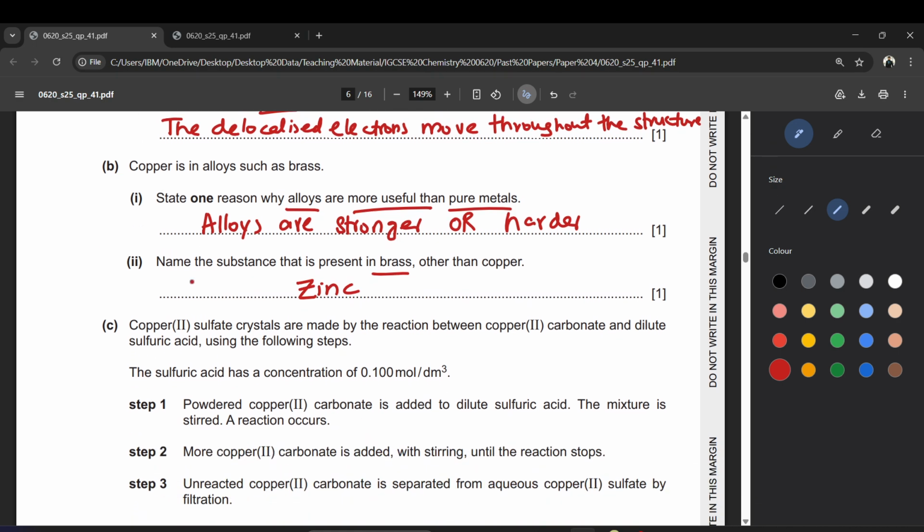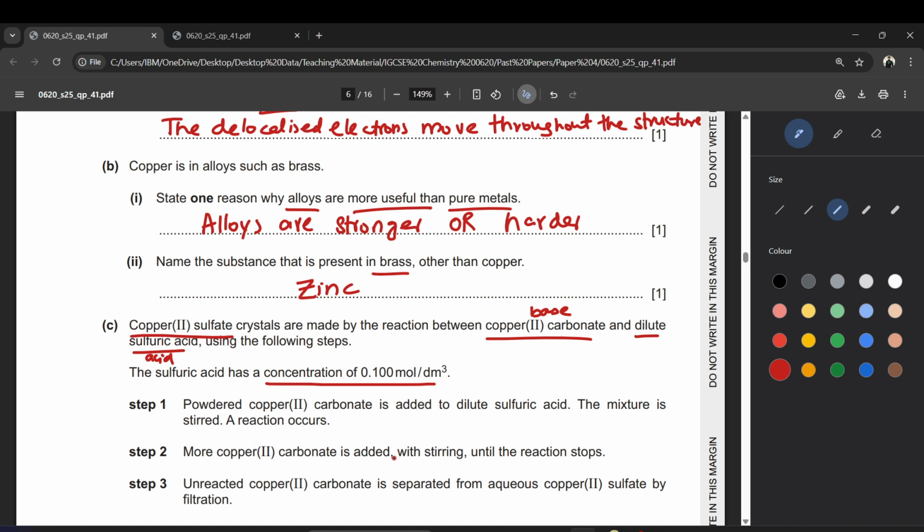Part C. Copper 2 sulfate crystals are made by the reaction between copper 2 carbonate and dilute sulfuric acid. So we have copper 2 sulfate as the product, and this is your base and this is your acid. The sulfuric acid has a concentration of 0.1 mole per cubic decimeter. Powdered copper 2 carbonate is added to dilute sulfuric acid. The mixture is stirred. A reaction occurs.